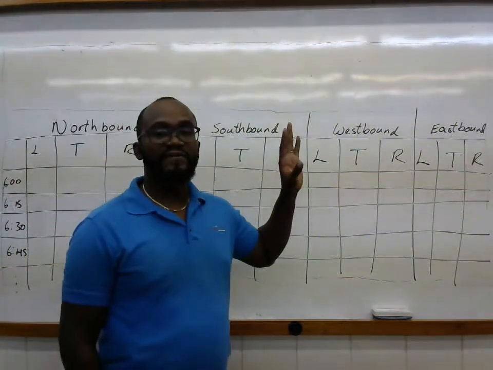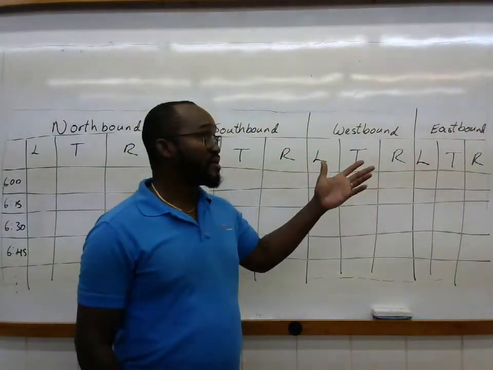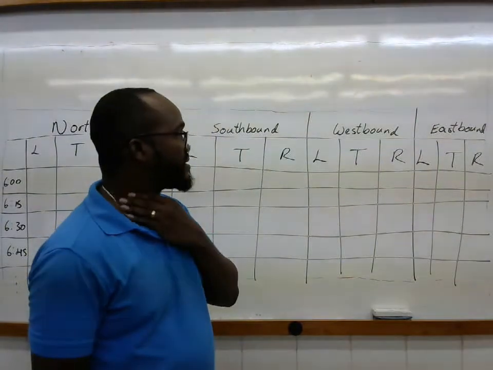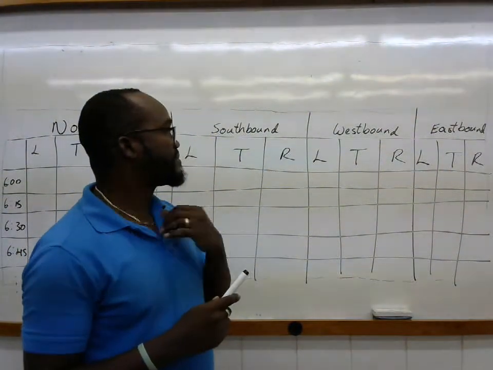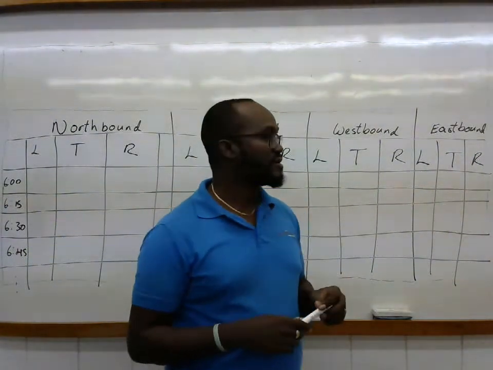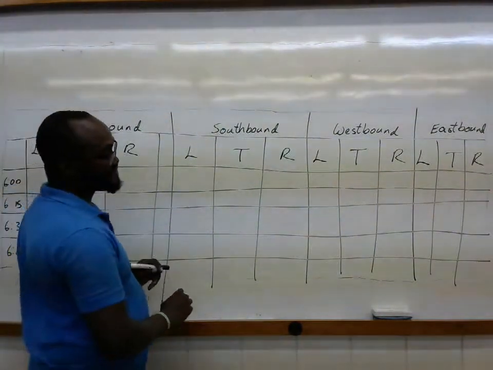So you expect to have at least 6 categories per approach or per counter, as the case may be, per session. Right, so these counts are then to be combined, and I'll show you why we combine them later on, because we need to calculate the peak hour.